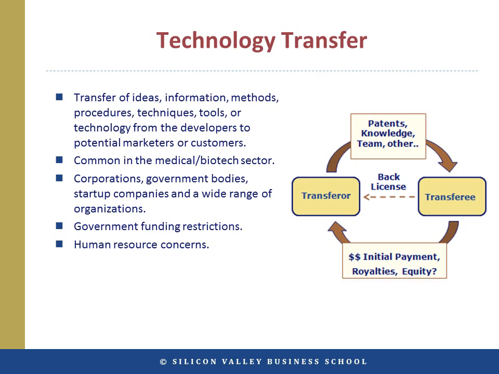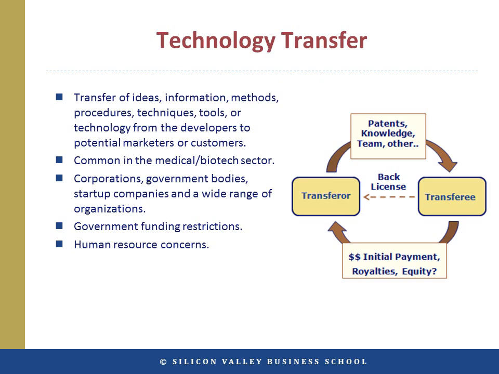Some restrict assets from being transferred to foreign entities. Others restrict outright sale but allow for licensing. As a result of these funding programs, many technology transferees are concerned about working within the guidelines, and the nature of the restrictions can drive the way the technology transfer transaction is structured.